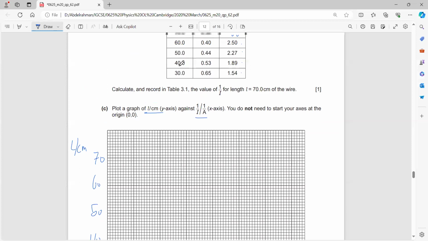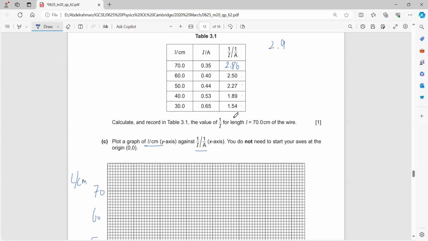1 over I. How can I plot 1 over I? How can I scale this graph?